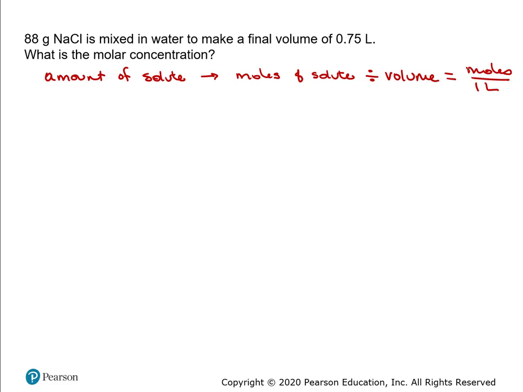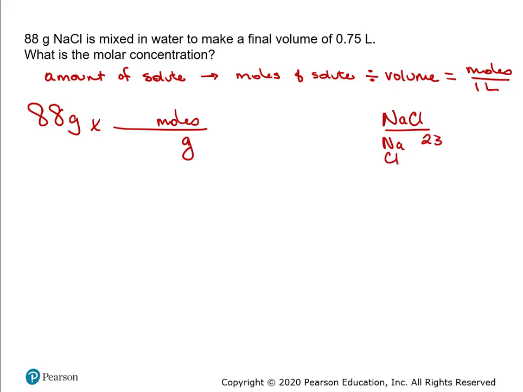So the amount of my solute is 88 grams. I need to convert it to moles. So that means I'm going to have to put grams on the bottom, moles on the top. Sodium weighs 23.